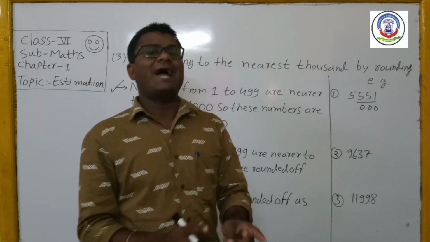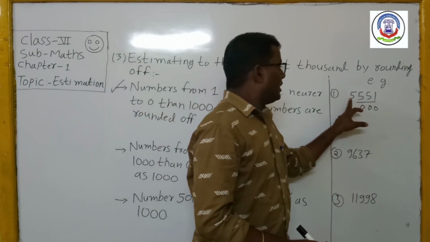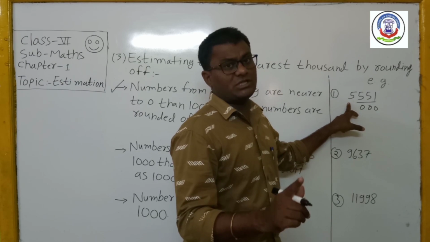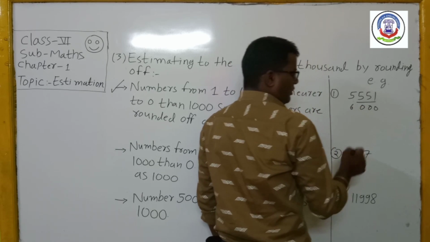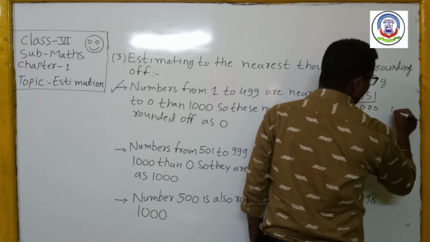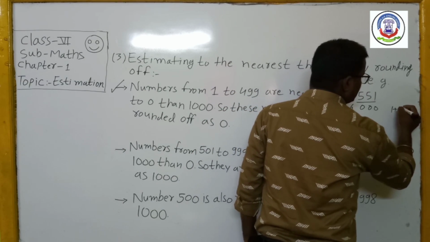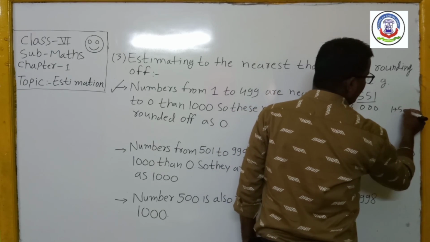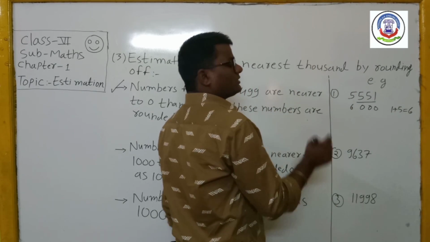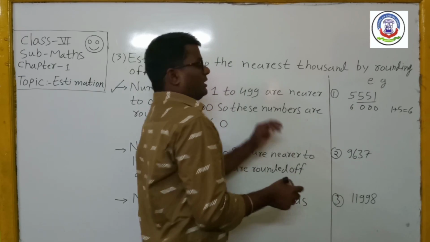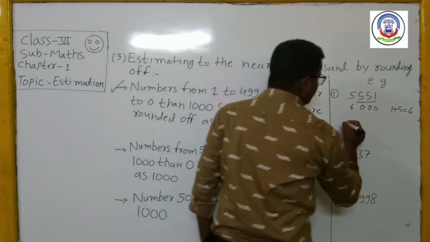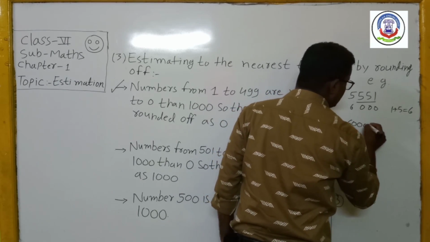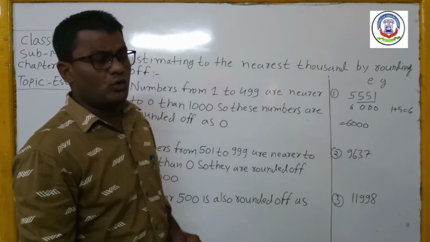So I will add 1 to the 1000 place digit. Okay, so I'll get 6. Here I add 1 to the 1000 place digit, so it will be 6. So the required rounded off number to the nearest 1000 will be 6000.